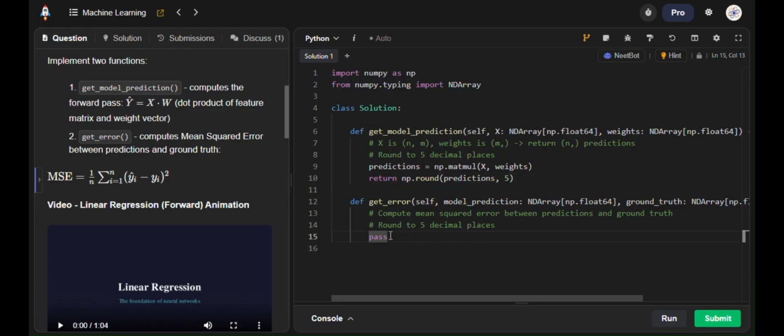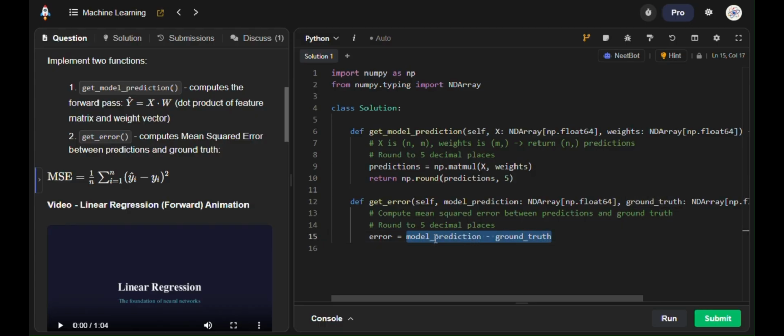Now let's implement the getError function. Here we just have to calculate the error. So error would be equal to, let's first recall what the mean squared error was. Since the formula is like this, we will have to calculate what's inside the bracket. Inside the bracket, it was model prediction minus ground truth, and then we have to square it.